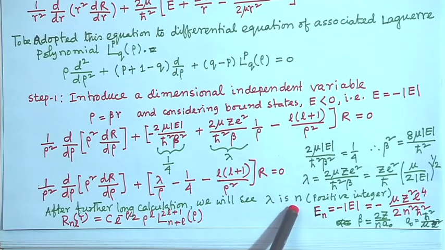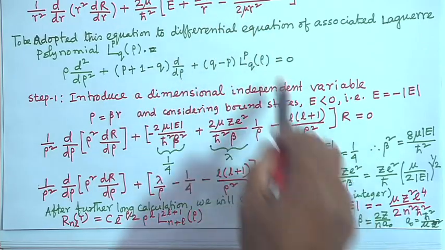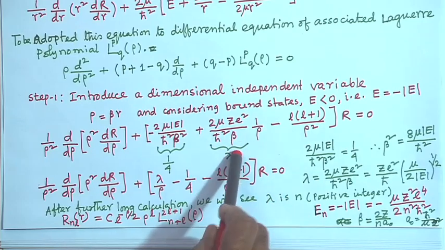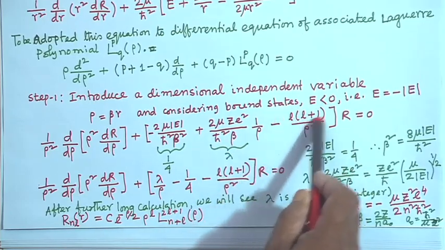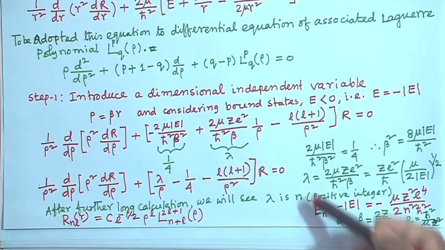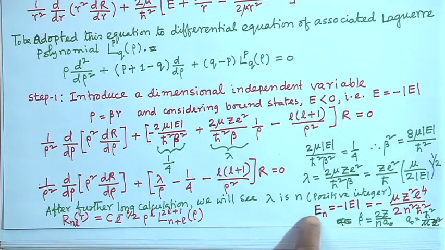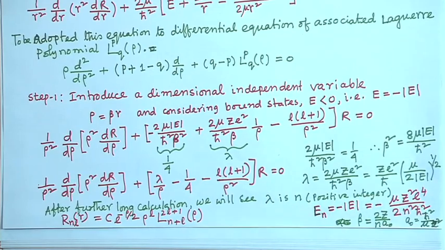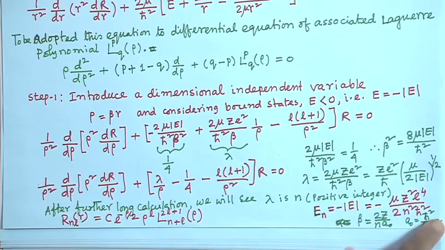And it has a relation with L, because I have taken lambda as nothing but L n. So, from this equation the quantization of L and quantization of n we will get in a natural way, and we already got the energy value, okay. Whatever energy we got from Bohr theory, exactly this energy we got.